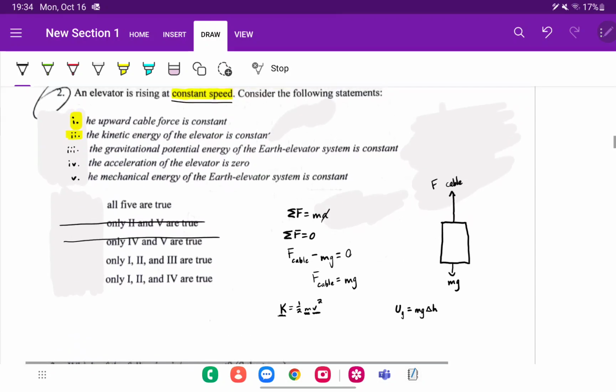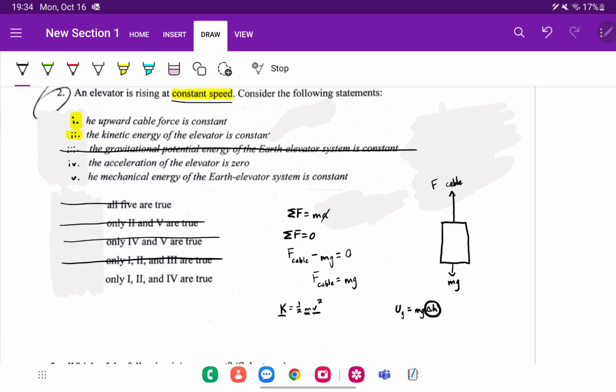Since this elevator is being pulled up, the gravitational potential energy can't be constant because the height is changing. The U can't stay constant if the elevator is constantly rising. So, 3 is false. So that also rules out this one, and it rules out the fact that all 5 of them are true. So at this point, we can assume that the answer choice would be E.